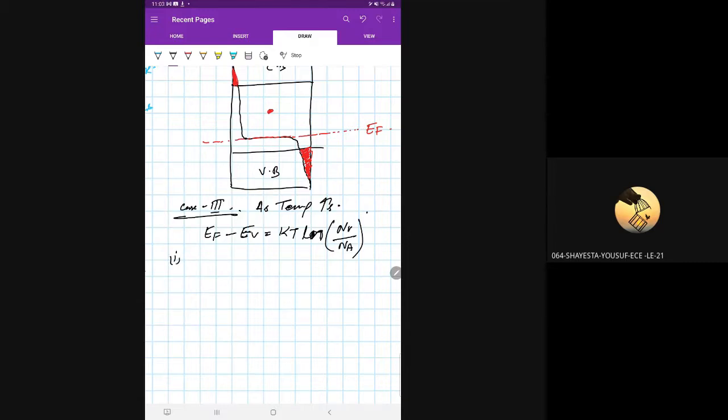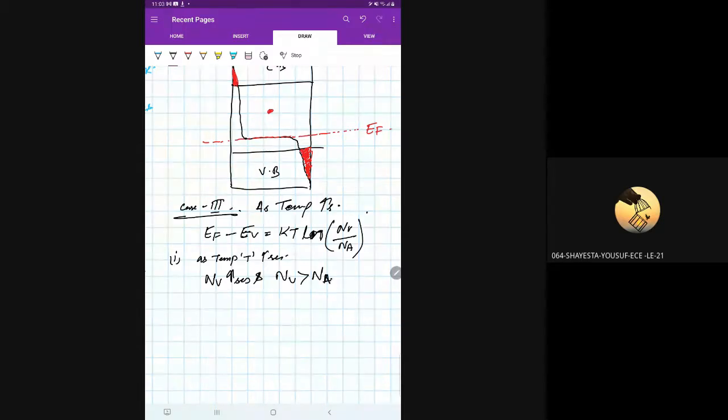Now see, as temperature T increases, what will happen? N_V also increases. And if N_V increases, we can say, let N_V be greater than N_A, sorry, not N_D, N_A.